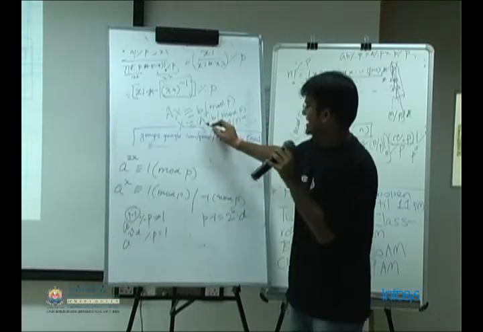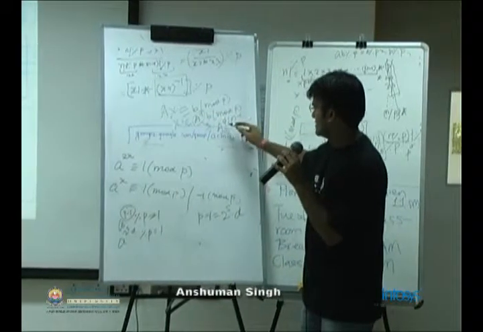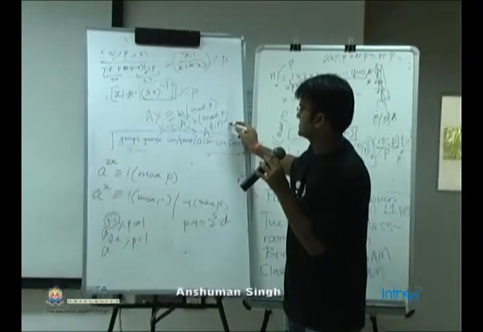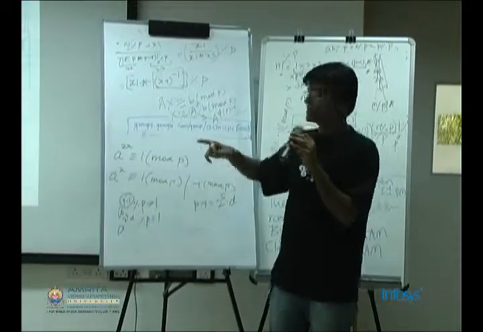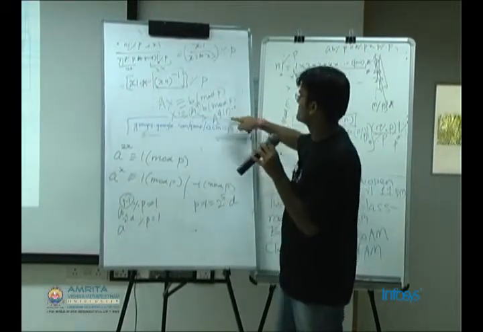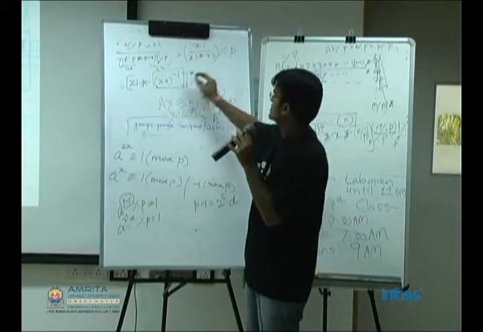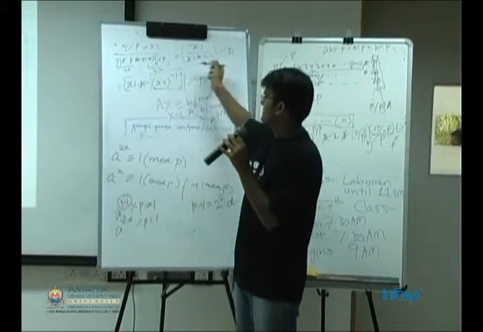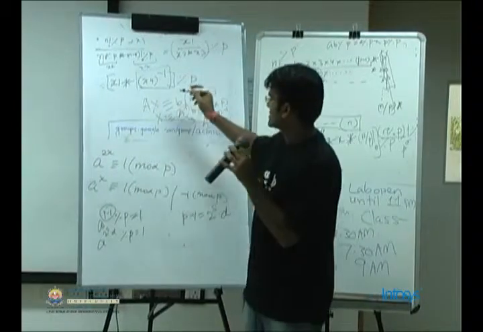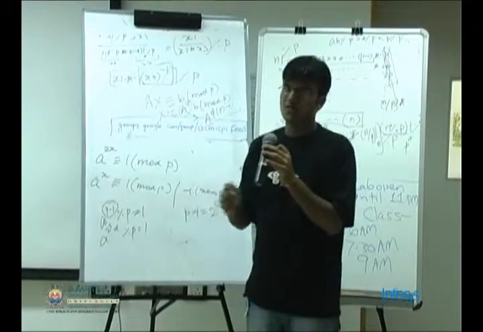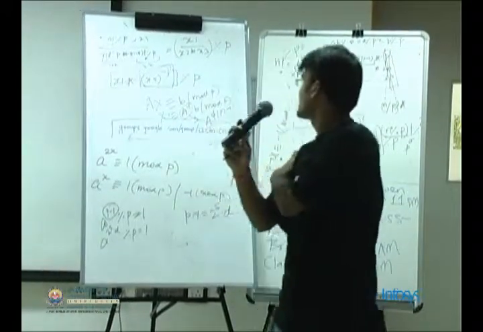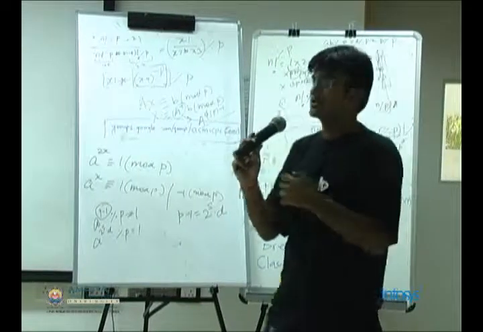In modular arithmetic, a inverse is congruent to a power p minus 1. All this is valid only if GCD of A and P is 1. So this is what we get. You can calculate this inverse modulo. P is a prime, so that way you will end up with the solution.